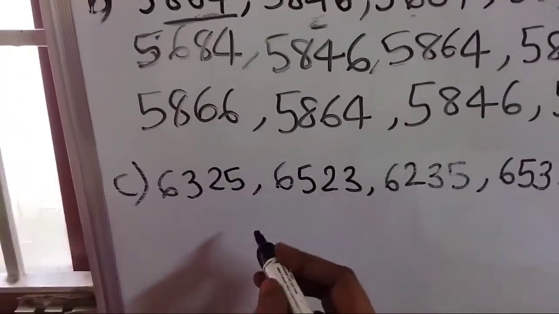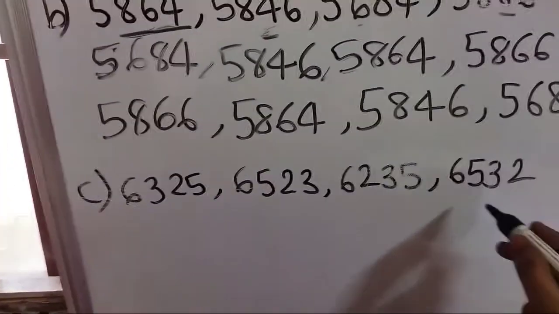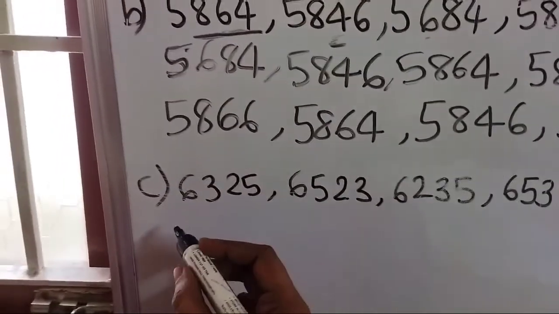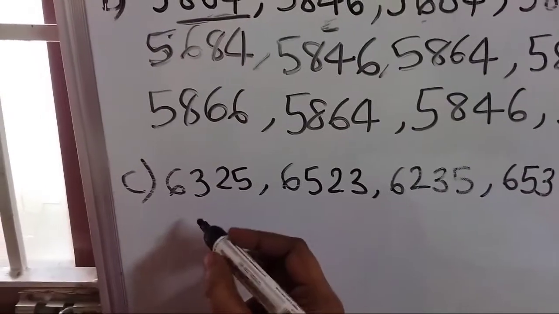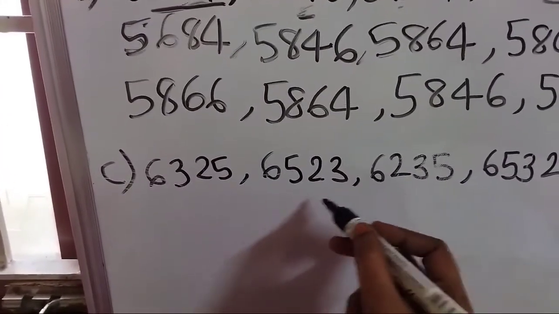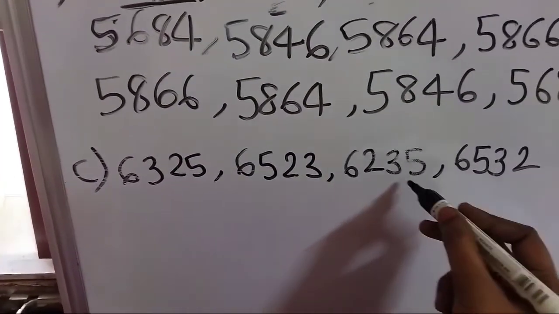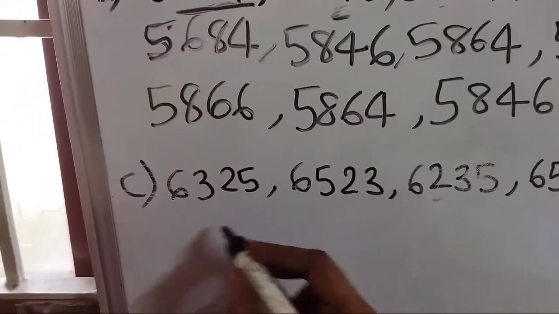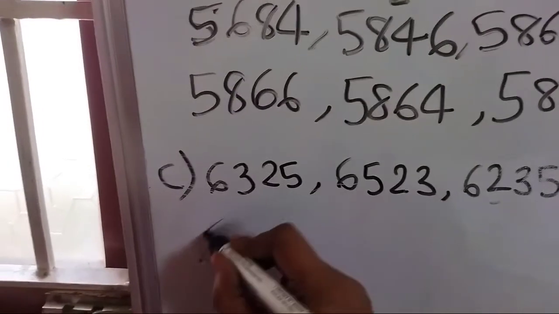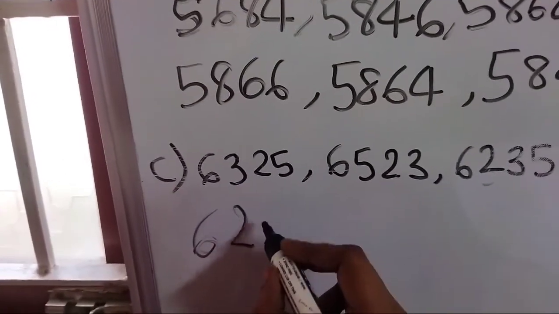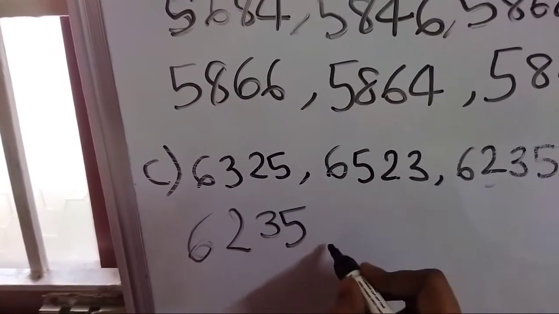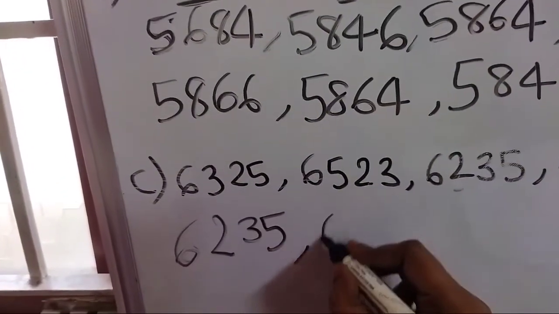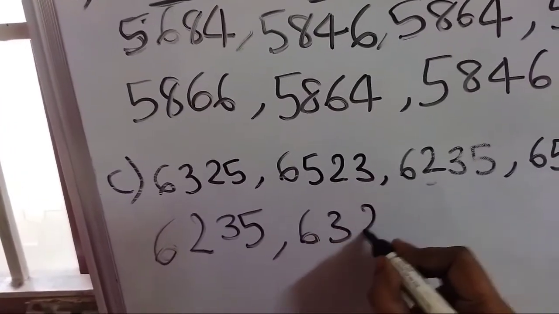See the next example. In thousands place all our numbers have 6. So we see hundreds place. What is the smallest digit in hundreds place? 2 is the smallest digit in hundreds place. So this is the smallest number. So we write 6235. The next smallest number has 3, so we write 6325.